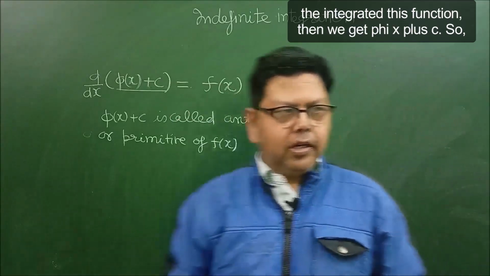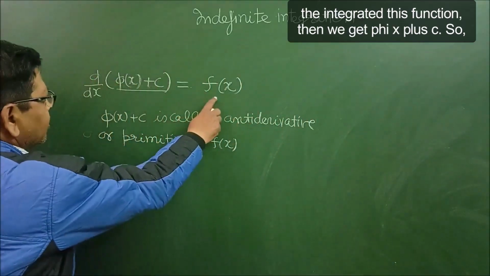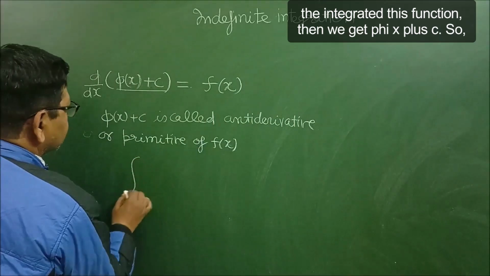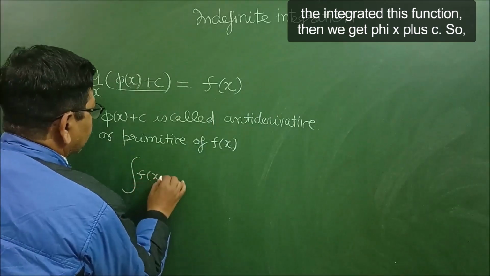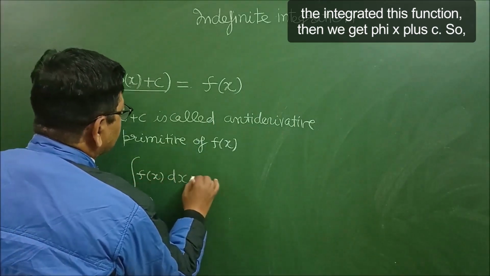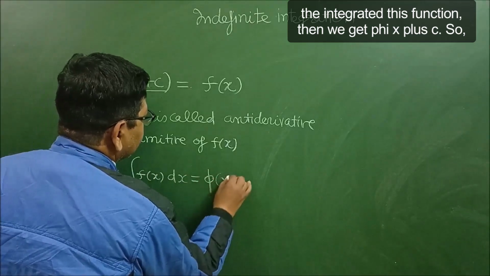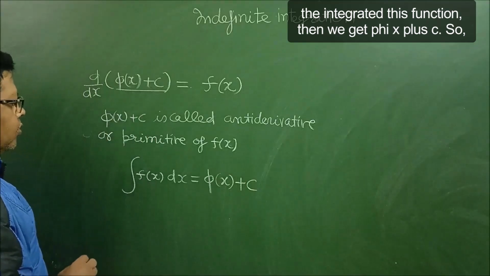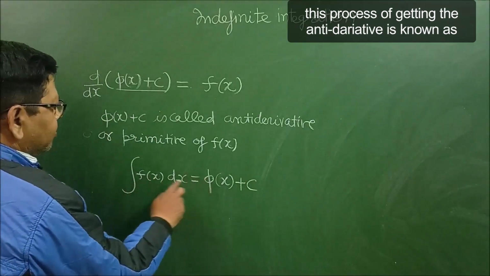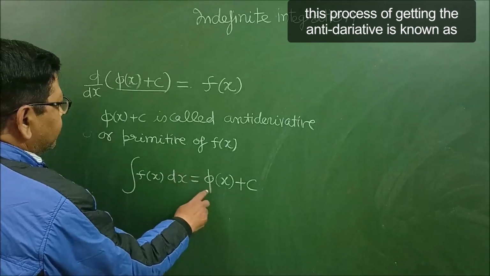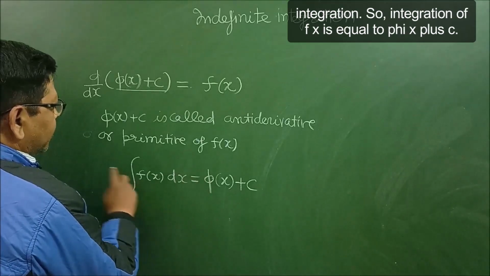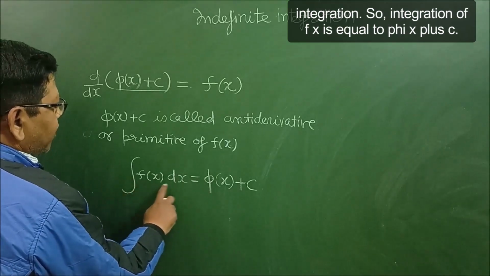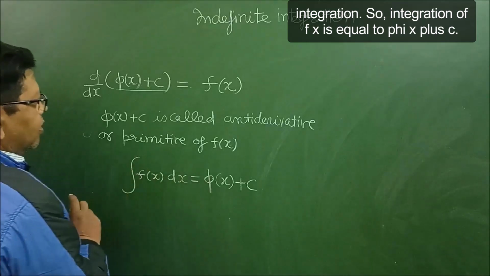So if we integrate this function, then we get phi x plus c. So this process of getting the antiderivative is known as integration. So integration of f x is equal to phi x plus c.